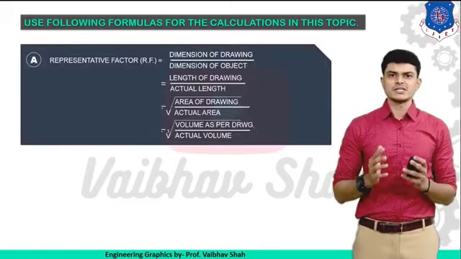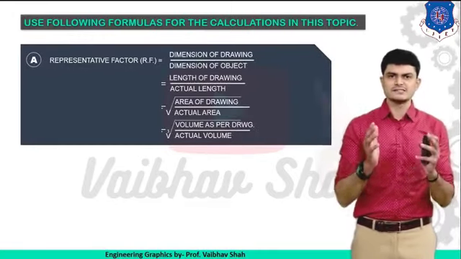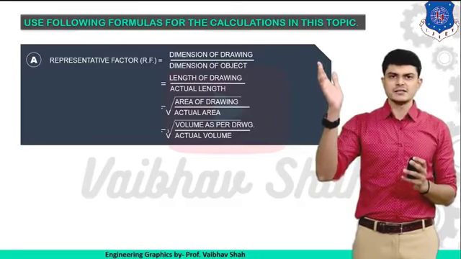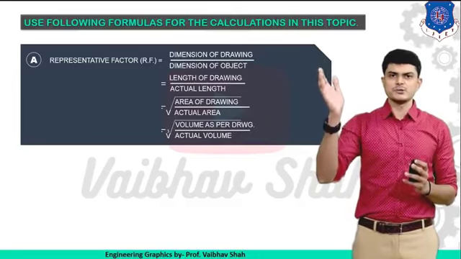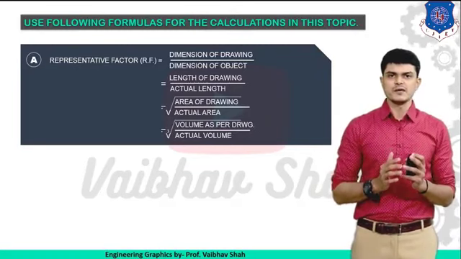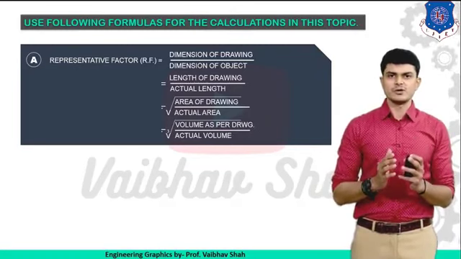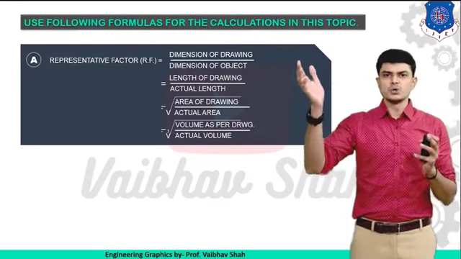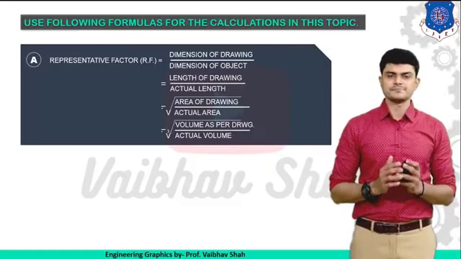So the first equation is the representation factor, Rf. It is the ratio of the dimension of an object in drawing to the actual dimension of the object. Suppose the dimensions are given in the form of length, then your equation can be modified as the length of the object in drawing to the actual length of the object.